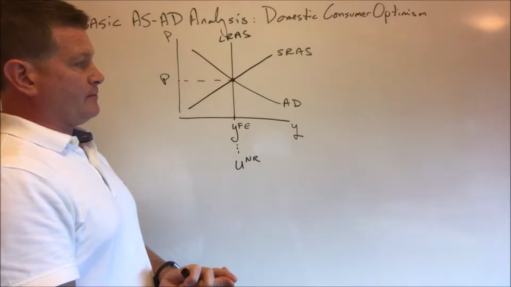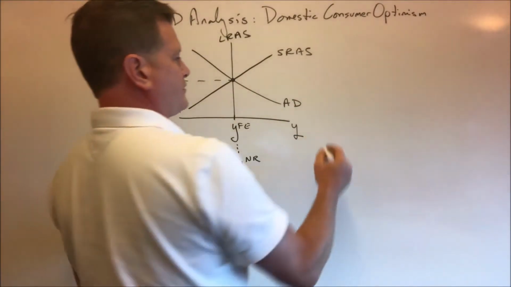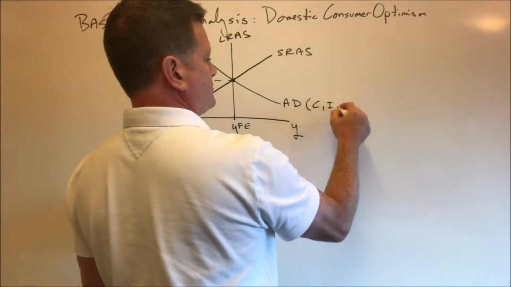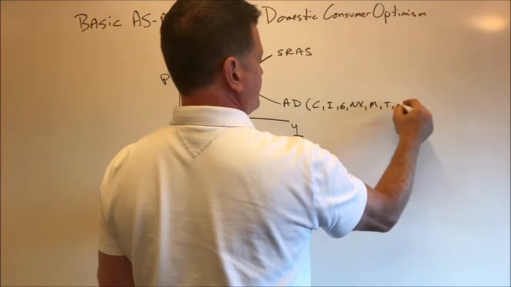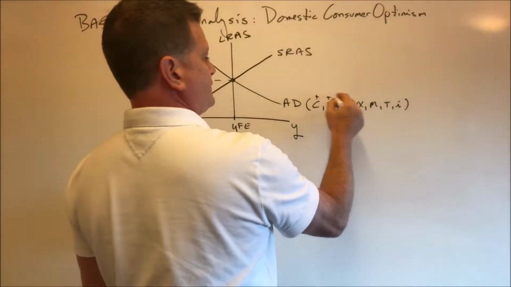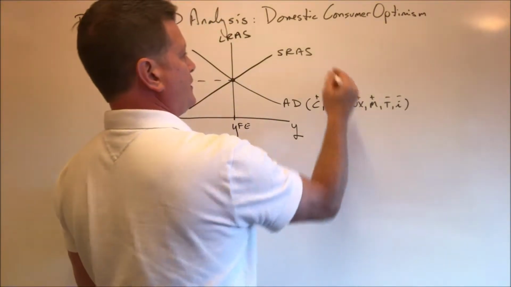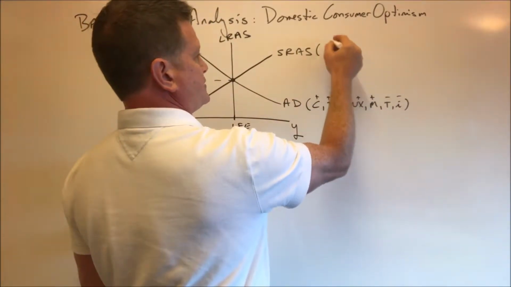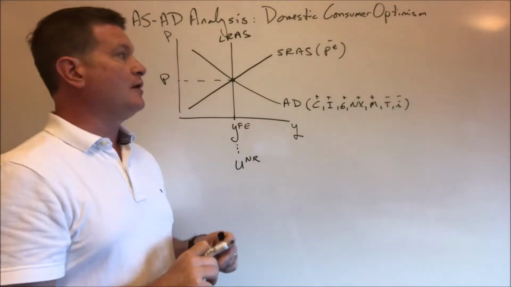So that's step one. If you don't remember what shifts all of these, I often will write those in sort of shorthand notation off to the side. All of these things are positive, and those two are negative. And this basically shifts due to price expectations or the expectations of the price level and is negative.